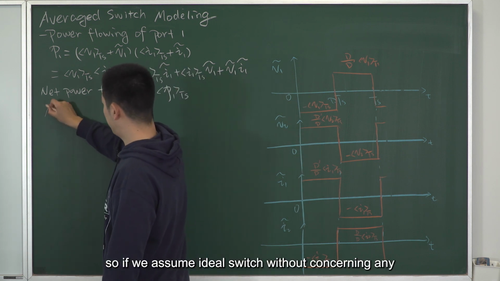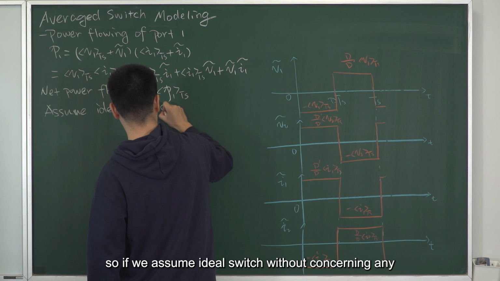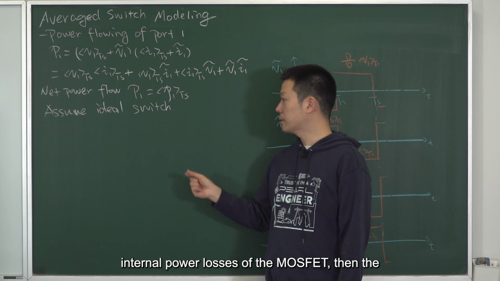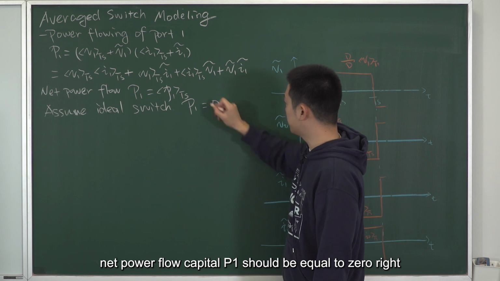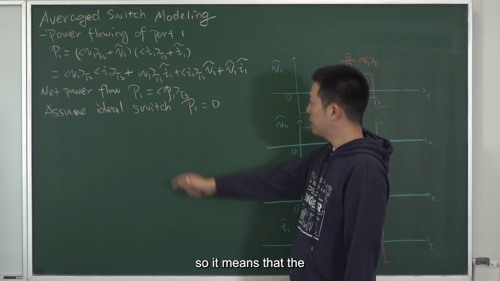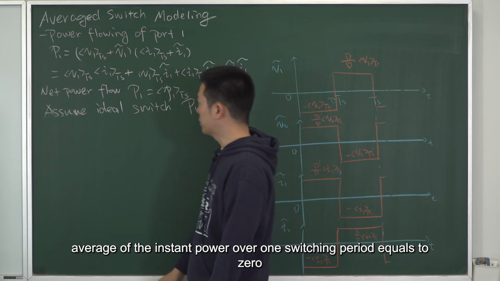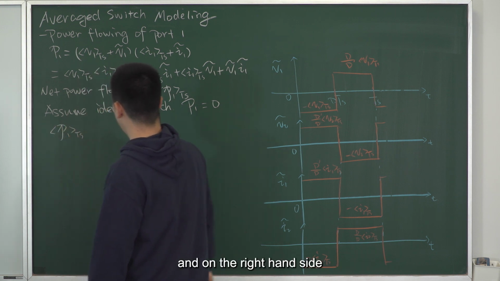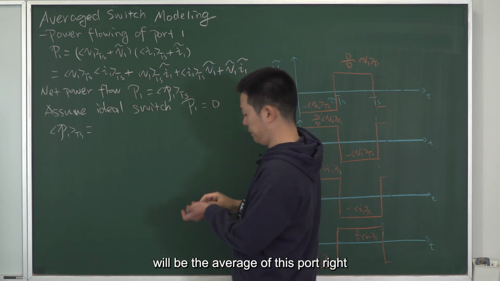So if we assume an ideal switch without considering any internal power losses of the MOSFET, then the net power flow, capital P1, should be equal to 0, right? So it means that the average of the instant power over one switching period equals to 0. On the left-hand side, we put the average P1. And on the right-hand side will be the average of this part, right?